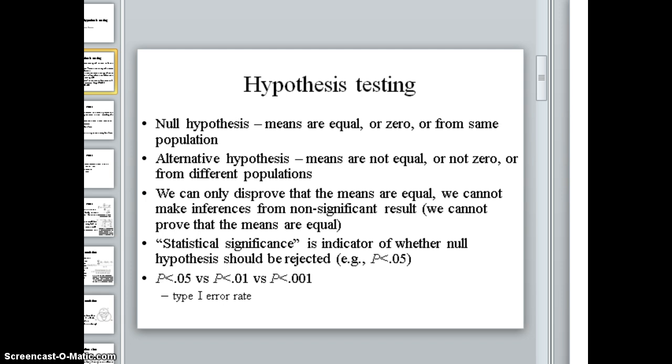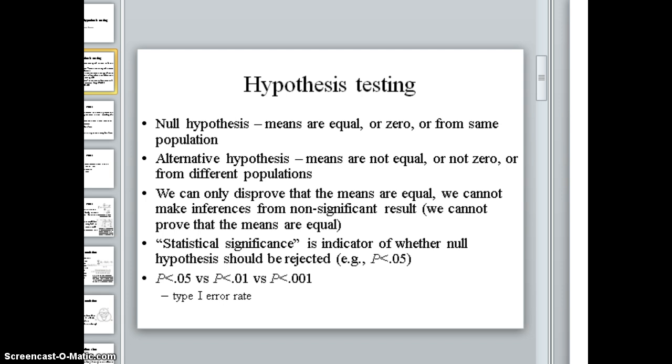The p-value, which is often used as an indicator of statistical significance, is also the type 1 error rate. If we think back to what the type 1 error rate is, it is the rate at which we're willing to accept false positives.